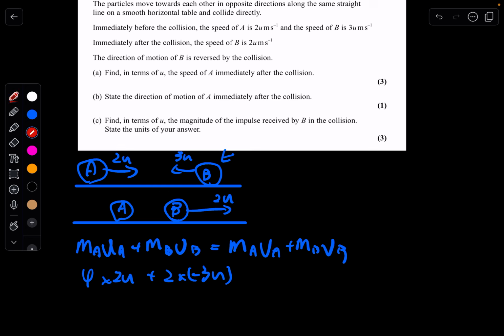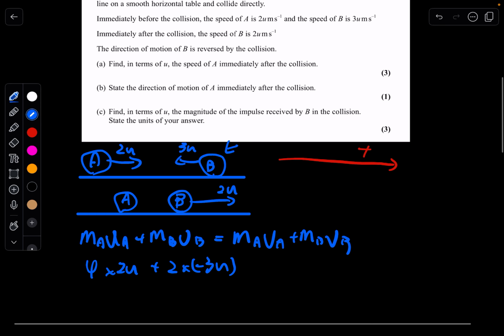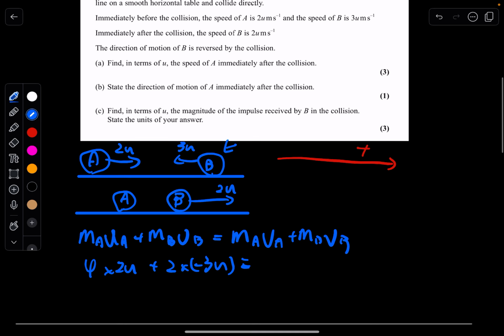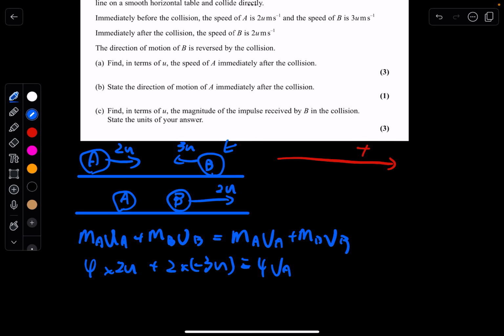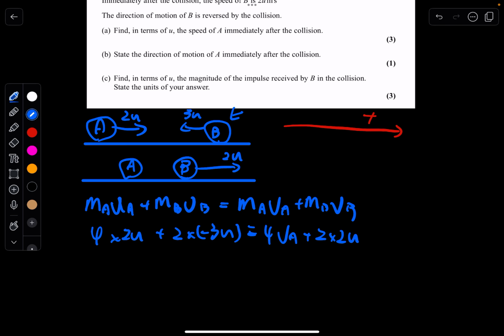And let's just write a note here. We have to keep in mind the direction as we're going through this problem. And then this is 2u, and then we can solve for this, which is negative 2u equals 4vA.